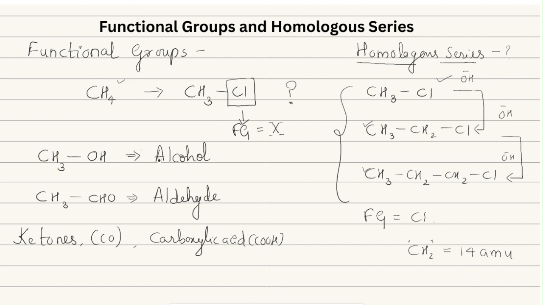So why is it so? It's something related to the functional group. Then what are homologous series? These are the molecules with the same functional group, and they usually differ by a CH2 unit. They usually have similar physical and chemical properties.